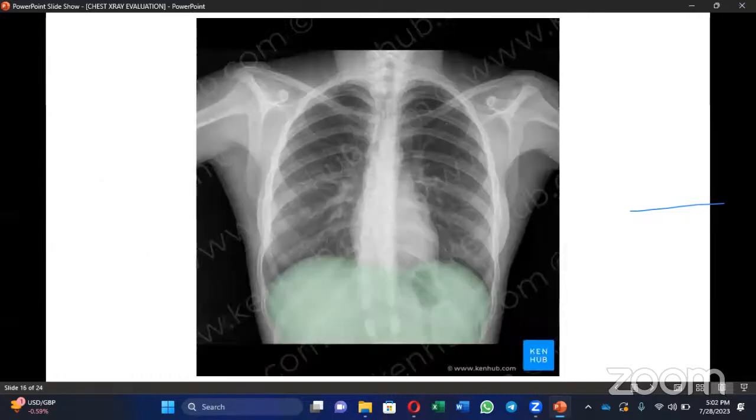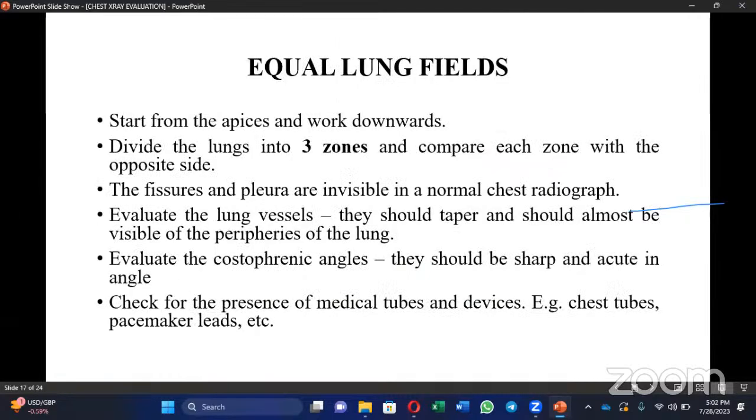All right, let's continue. Let's look at the lung fields, which are E and F. The lungs appear dark on a chest radiograph.